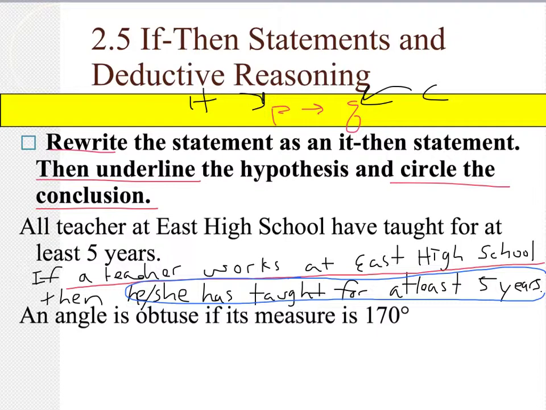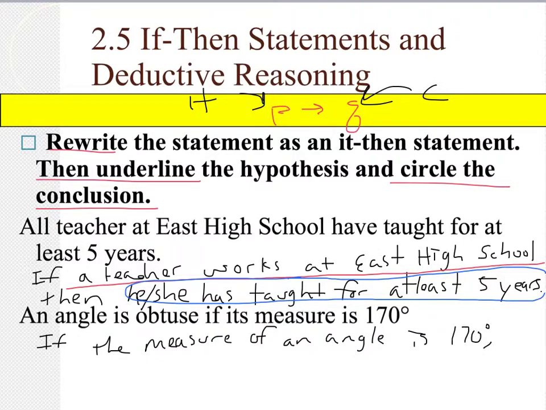Okay, next one. An angle is obtuse if it measures 170 degrees. If the measure of an angle is 170 degrees, then the angle is obtuse.